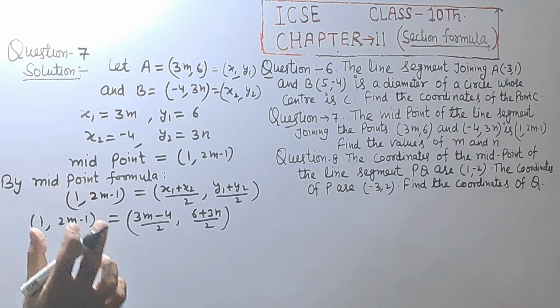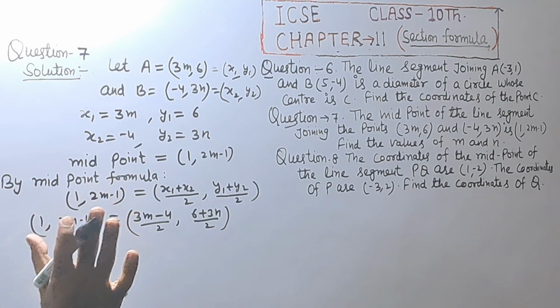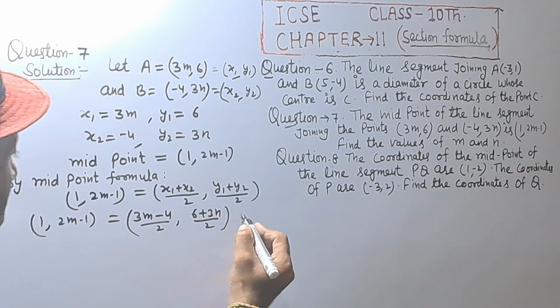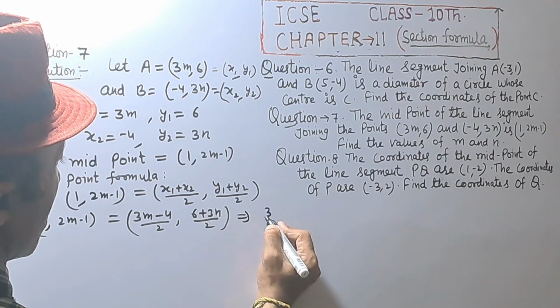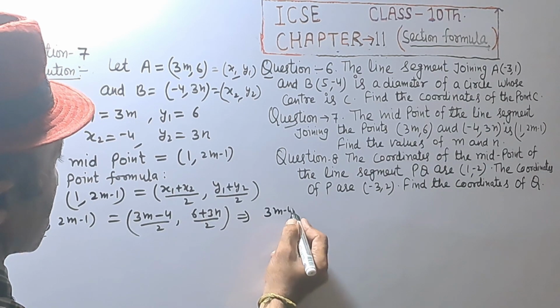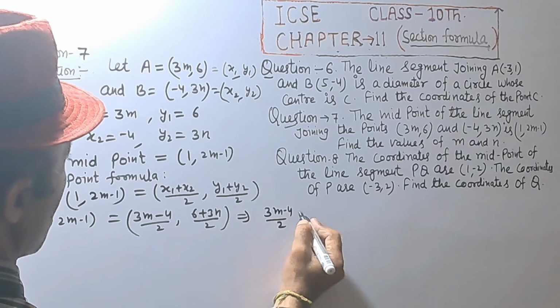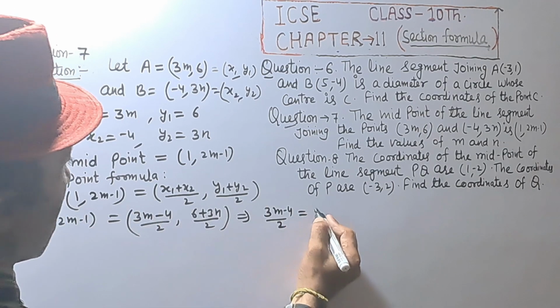The first coordinate is equal to 1 and the second is equal to 2m - 1. So for the first, (3m - 4)/2 is equal to 1.